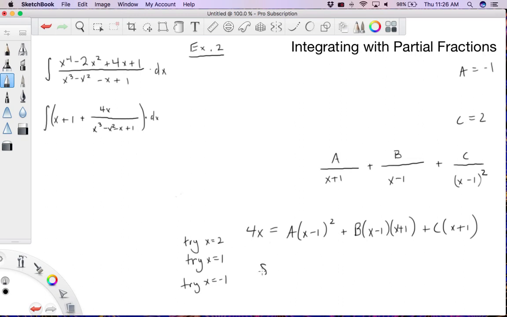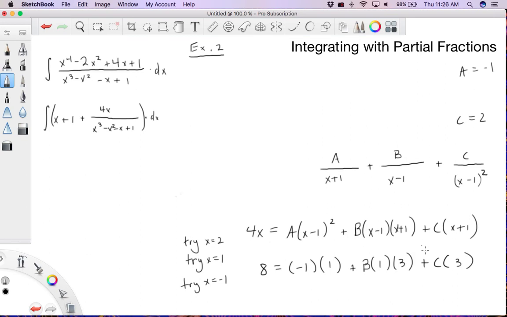So we get 8 equals a, which is -1, times (2 minus 1 squared is 1), plus b times 1 times 3 plus c times 3.